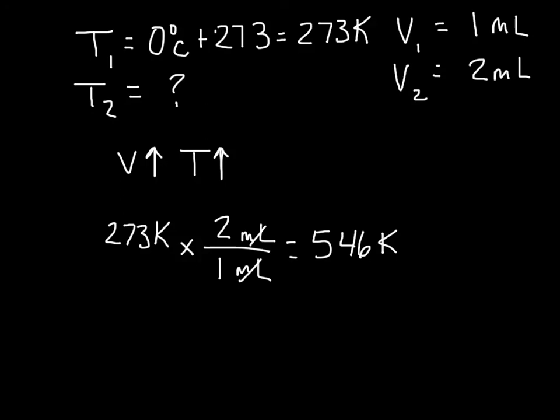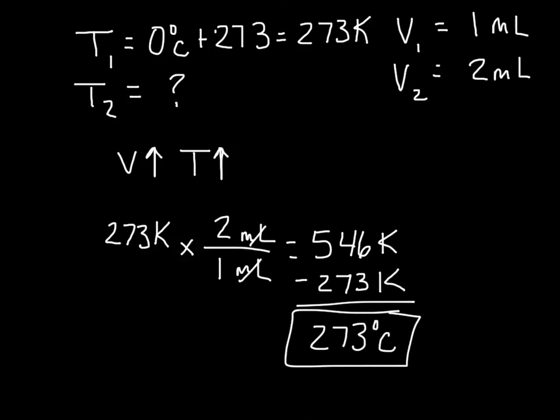Again, they started you out with degrees Celsius, so let's just convert it back to degrees Celsius. And oh boy, we're going to subtract 273 Kelvin to get our degrees Celsius. So that means our temperature went from 0 degrees Celsius to 273 degrees Celsius. That's a fun one to put your mind around also.